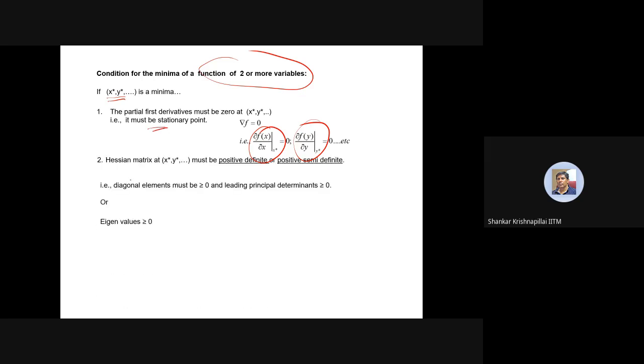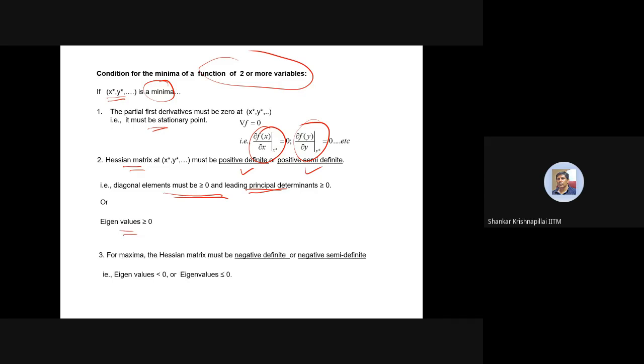Then, if x star, y star is a minima, the second derivative matrix at x star, y star must be positive definite or positive semi-definite. We already saw the definition of positive definite and positive semi-definite. So the diagonal elements and leading principal determinants must be greater than or equal to 0, or the eigenvalues should be greater than or equal to 0.